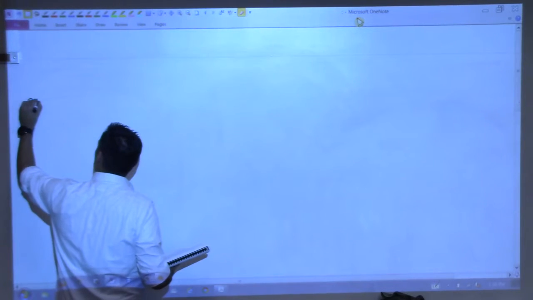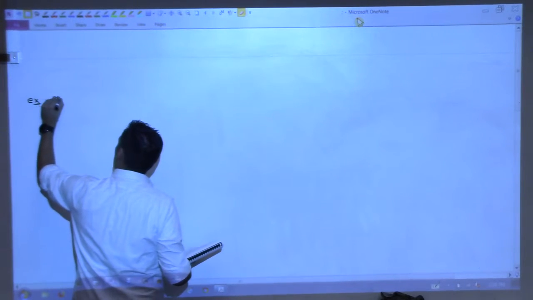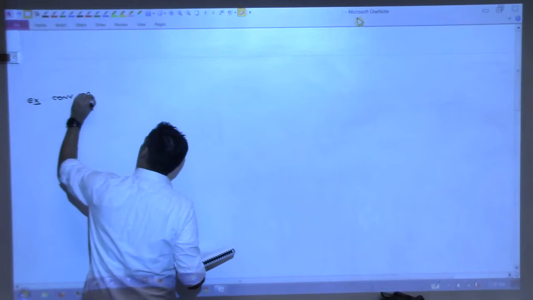Okay, here's your example. Does this converge or diverge?